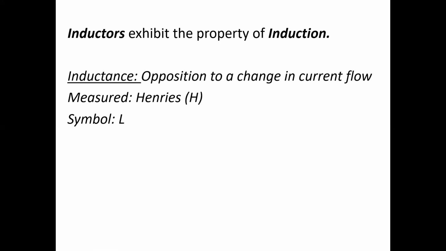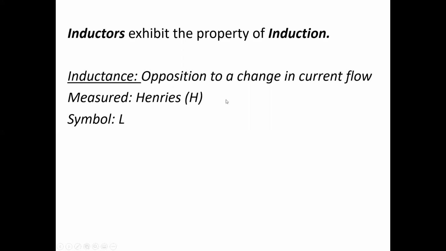And inductors overall exhibit the property of induction. Inductance is the opposition to a change in current flow. So this is inherently an electromagnetic type of device. What we're going to be looking at requires a background understanding of how electromagnetic flux moves and what its properties are when we have interaction with electrical circuits.